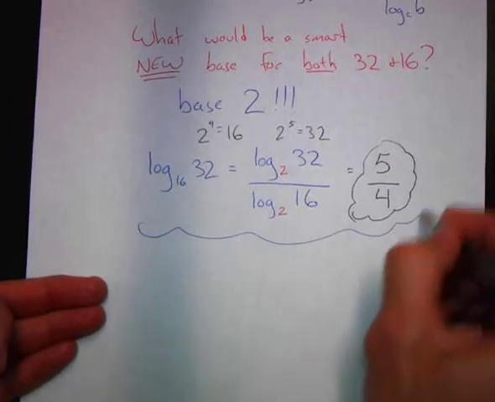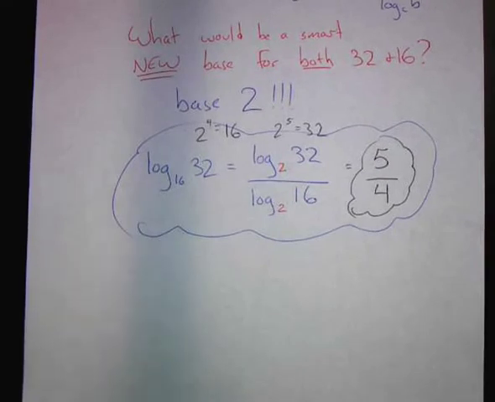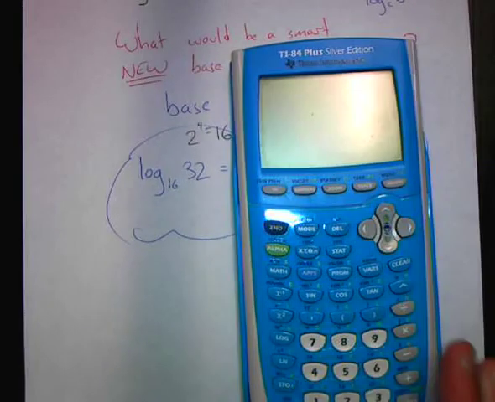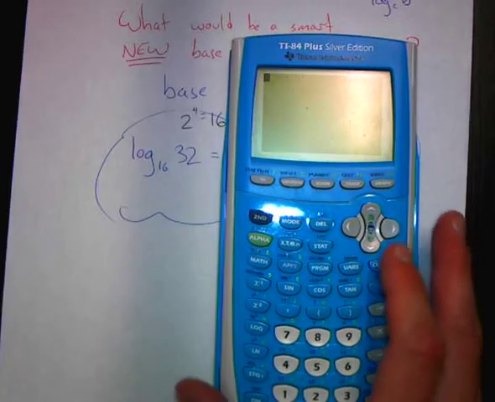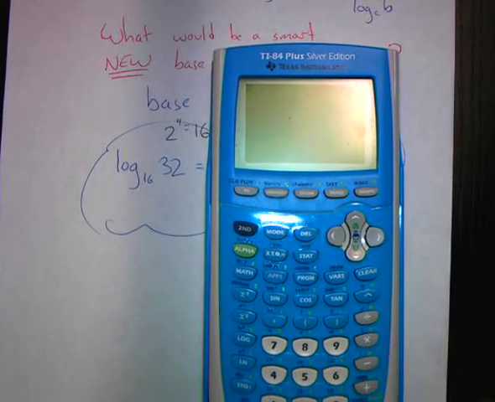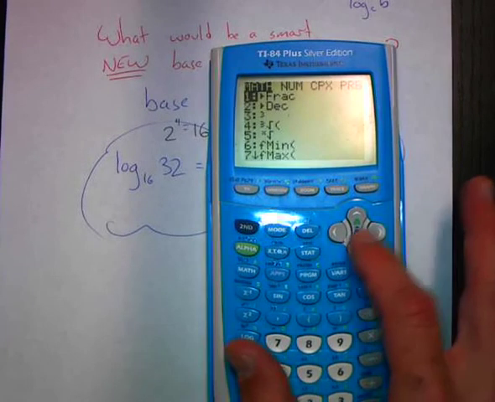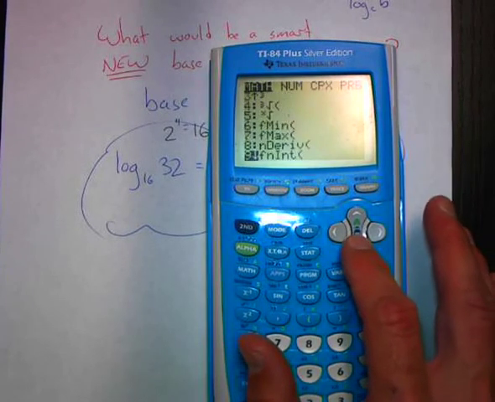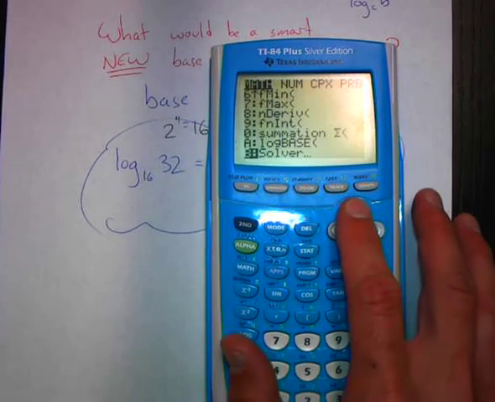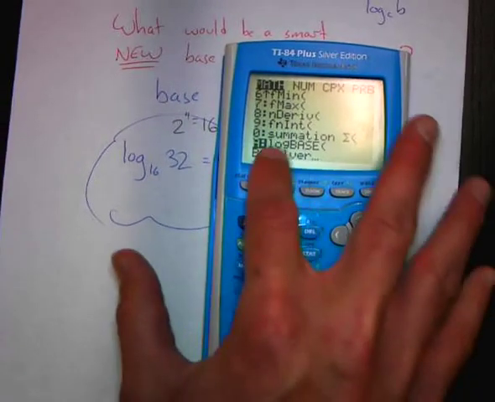Since I am assessing your knowledge of the change of base formula, make sure you show the whole thing. Because again, you could totally use your calculator, in case you're curious. There's a button in the math menu, you see it has log base.